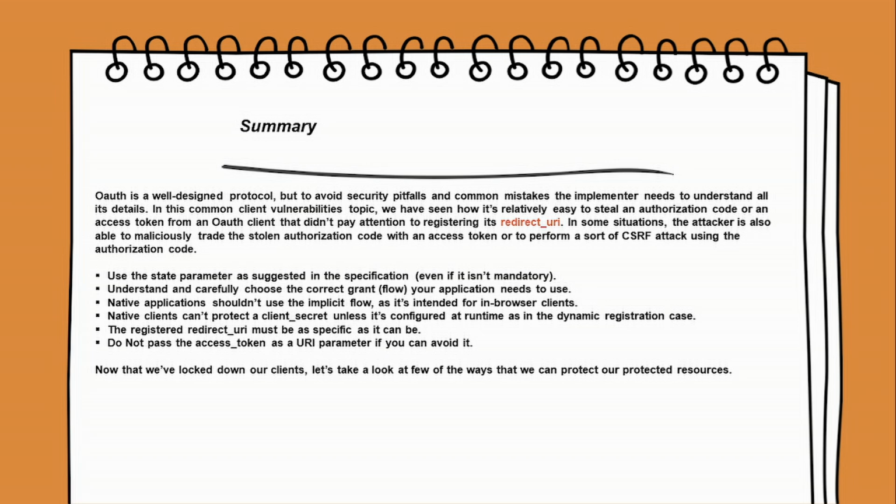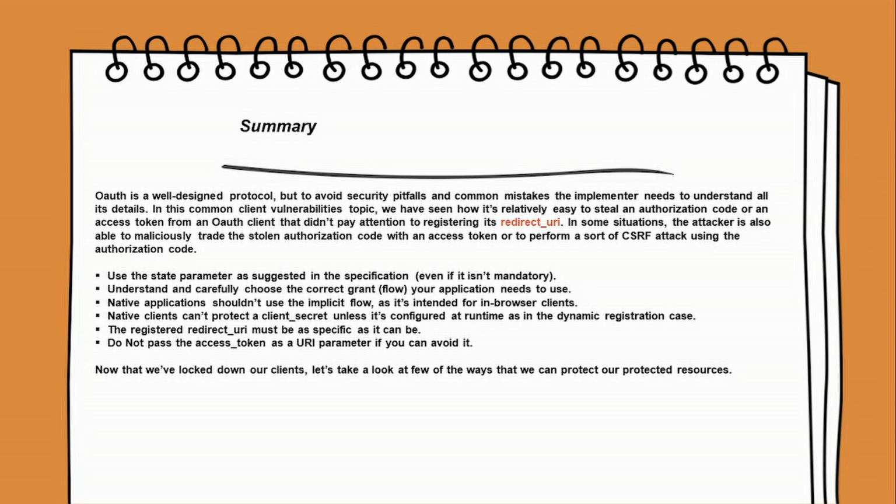In some situations, the attacker is also able to maliciously trade the stolen authorization code for an access token or to perform a sort of CSRF attack using the authorization code. To avoid it, we can just pass a state parameter as we have seen in the CSRF attack. Use the state parameter as suggested in the specification, even though it is not mandatory. Understand and carefully choose the correct grant flow for your application.